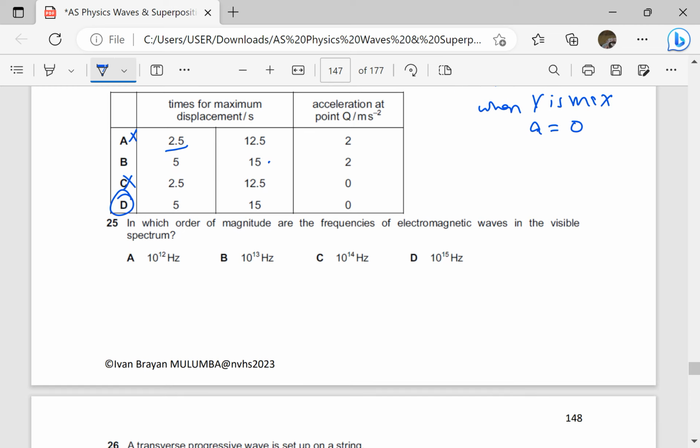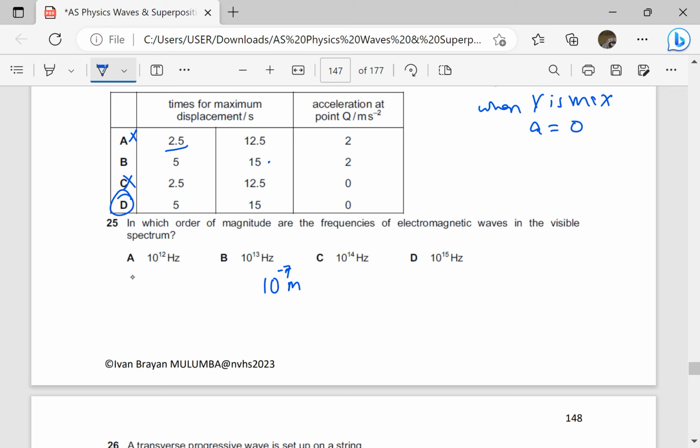In which order of magnitude are the frequencies of electromagnetic waves in the visible spectrum? So in the visible spectrum, we just try to find the wavelength, which is approximately 10 power negative 7 meters.